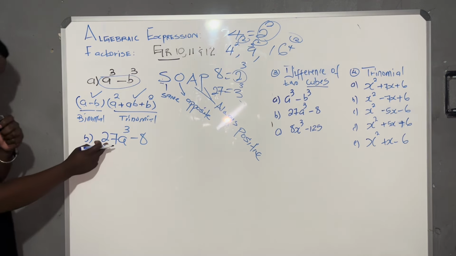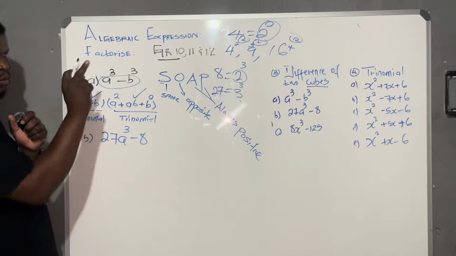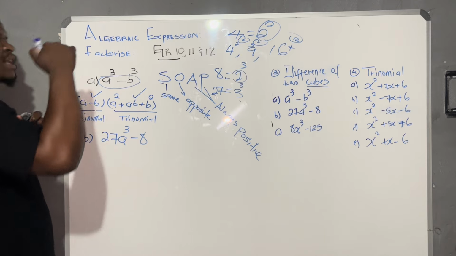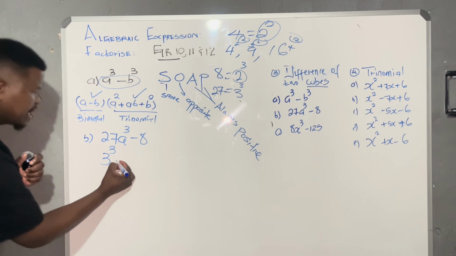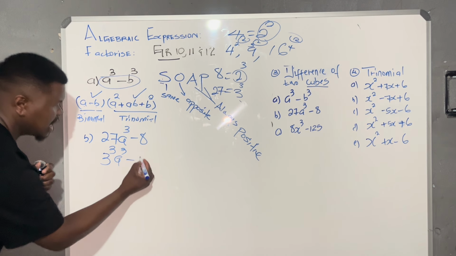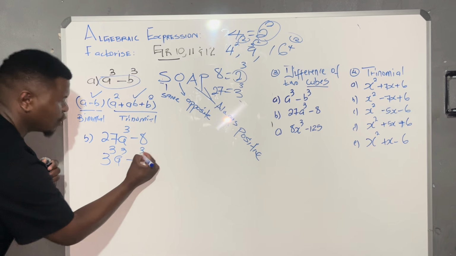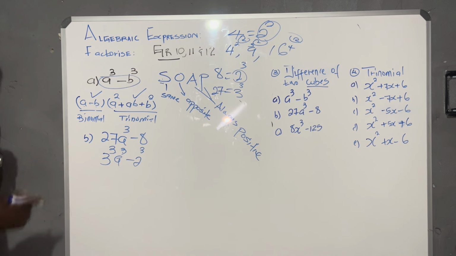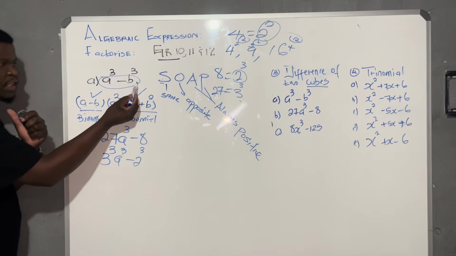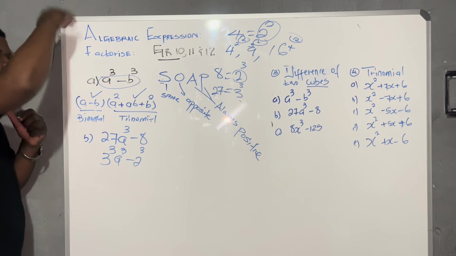Now, let's change these numbers into exponential form so that we can experience those cubes. So what is 27? It is 3 cubed. Now, this is a cubed. Now, 8 is 2 cubed. You see these 3, 3, 3. But you and I know we are concerned about the base. Ignore their exponent.